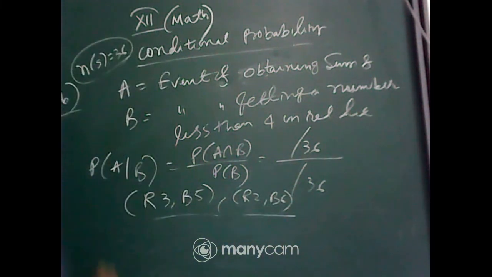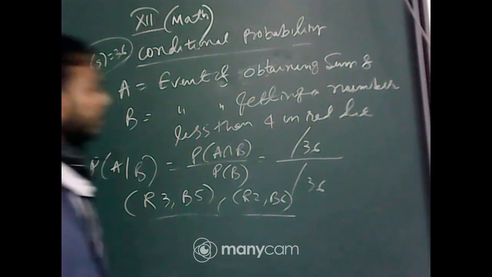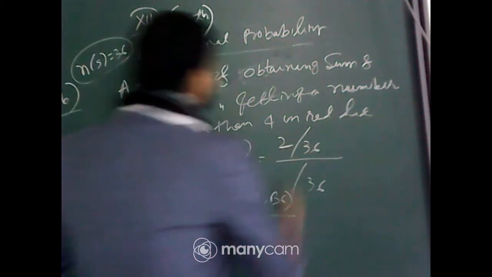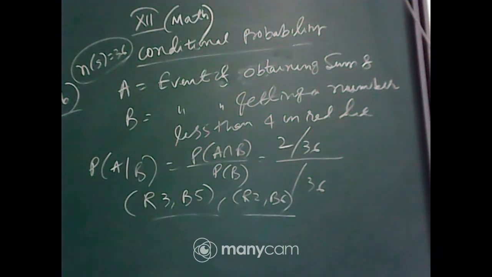I think there are two favorable cases, so it will be 2 by 36.